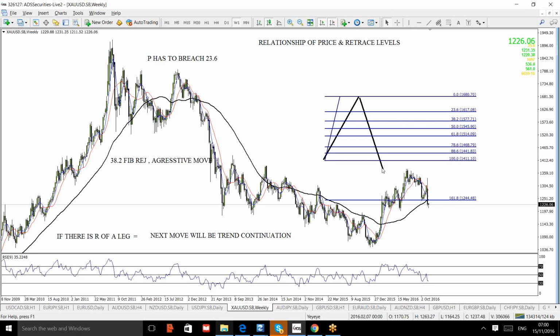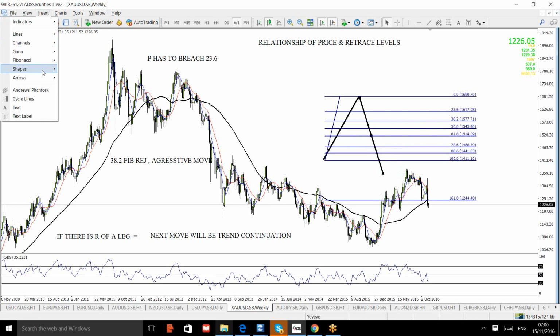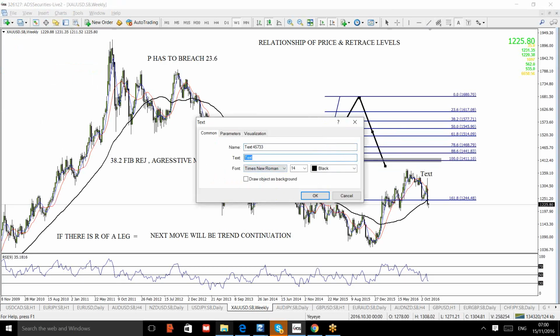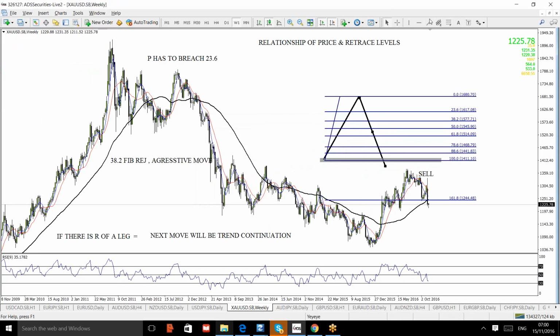So guys, it's very simple. Let's say the price breaches 100% and came here. As long as the price remains below 100%, the trend has changed into a sell, right? And if it remains above, it is always a buy based on the previous trend.